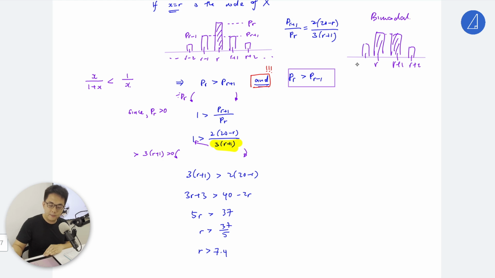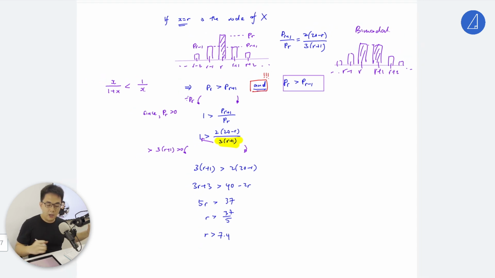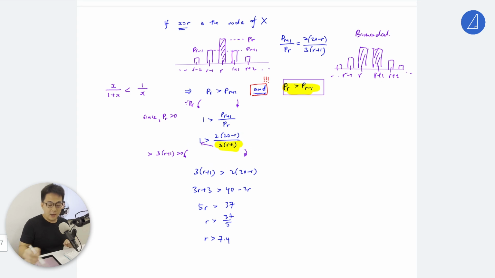But don't worry, during prelim revision set, I'll give you another worksheet, we will explore that. That's why we need to cap the other side. If R is bigger than 7.4, you cannot just assume that x equals a is the only mode, so you need to take from the other side. But in exam, if you're rushing for time, it's okay. You just conclude x equals a is the mode, which is fine. You still get most of the marks.